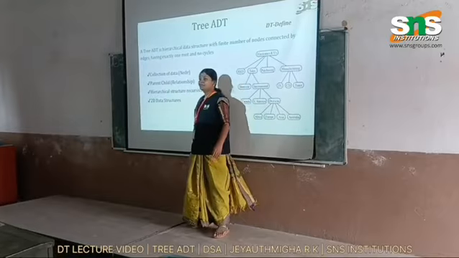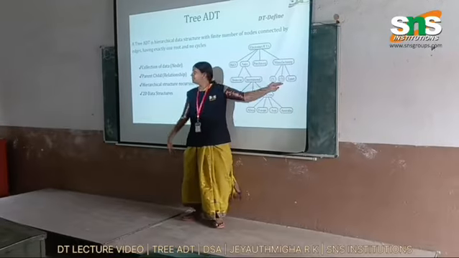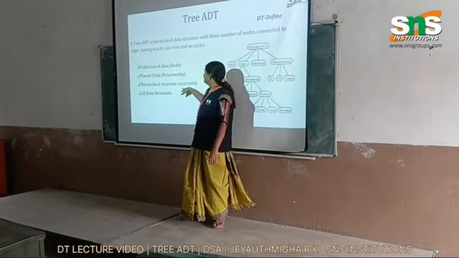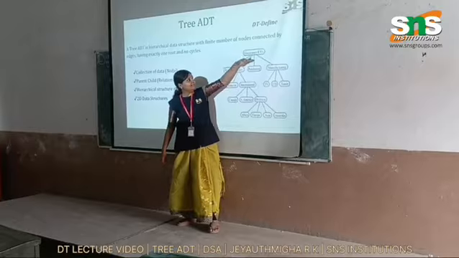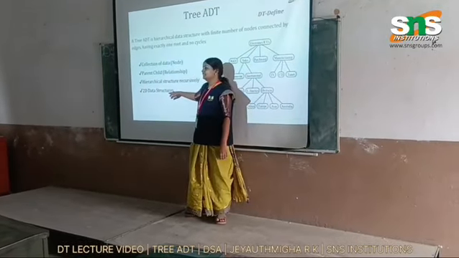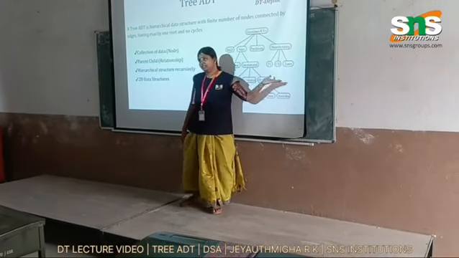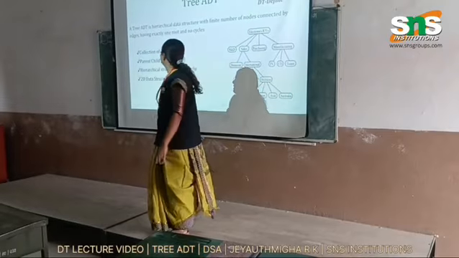And then parent-child: we have a relationship. This is the parent, this is the child. It is a hierarchical structure, recursively you have hierarchies, levels. And it is a two-dimensional data structure. Tree is a two-dimensional data structure.